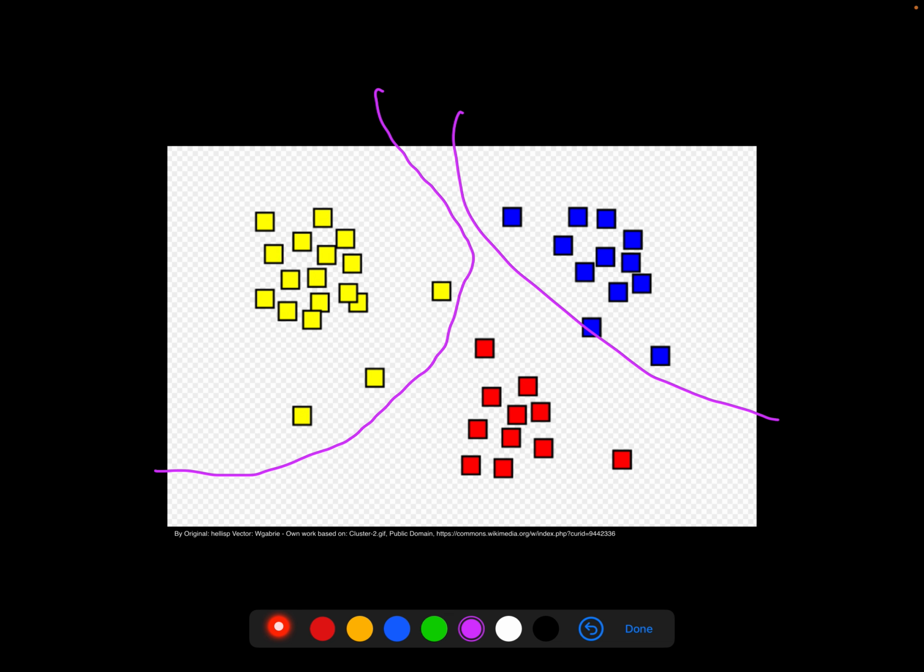For example, it has identified that the yellow squares share a commonality, the blue share a commonality, and the red share a commonality. And that allows us to see the shape of our audience without having labeled them beforehand.